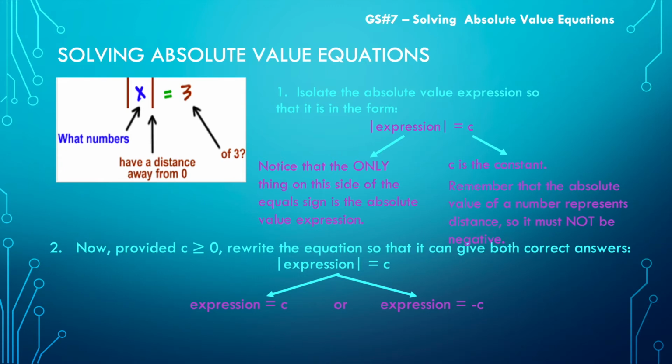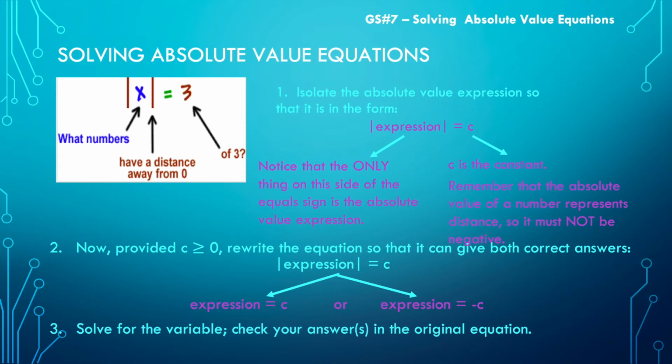After we've done that, we're going to solve each of those equations for the variable that we're given. And then we would definitely want to go back and check our answers in the original equation. So pretty much a three-step process, if you say that checking your answer is a separate step. And it really is. Okay, so let's try a couple of examples, 3 to be exact.